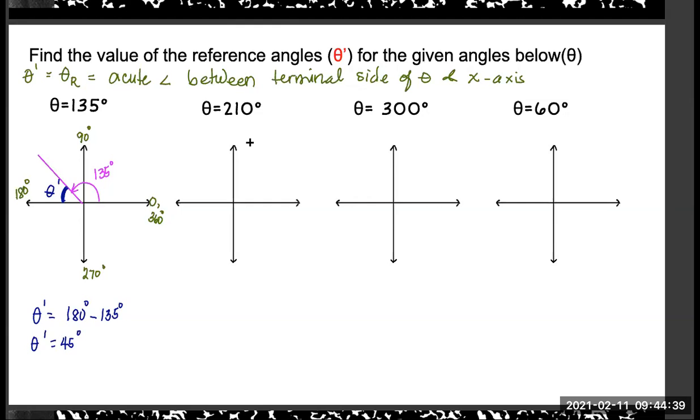Okay, what about the next one? 210. So 210 is between 180 and 270. So let's say this one. Okay, this angle is your 210 degrees.